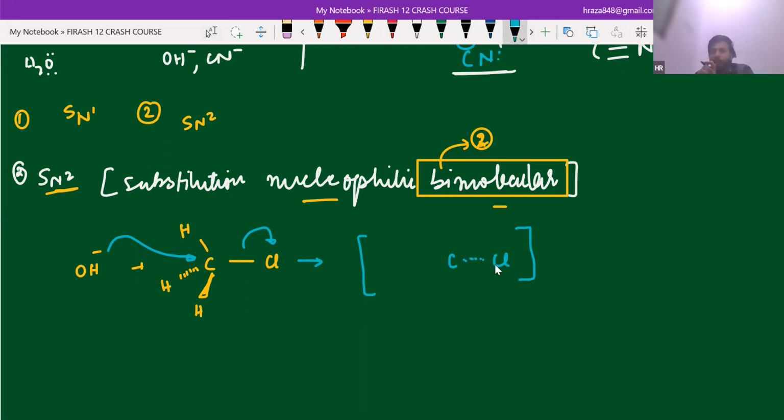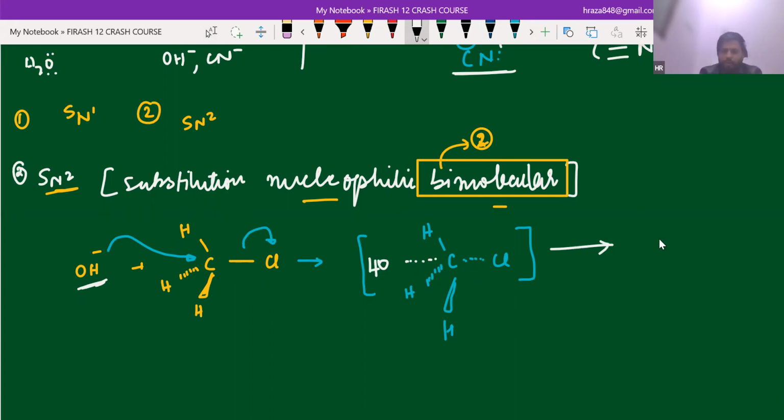That's why I'm showing it with a dotted line. And there is hydrogen, and then hydrogen, and then hydrogen. Now, if this breaks, then this OH minus will add with this. So I'm going to write it. This is the intermediate.